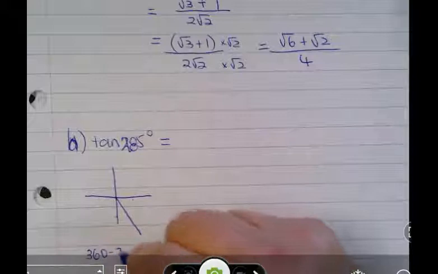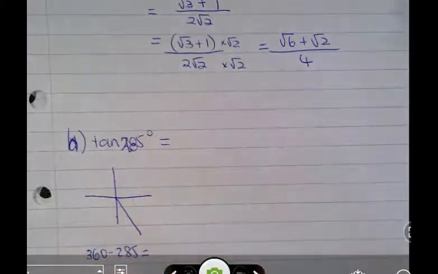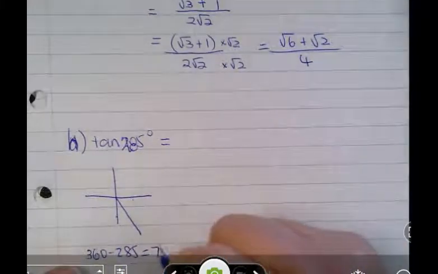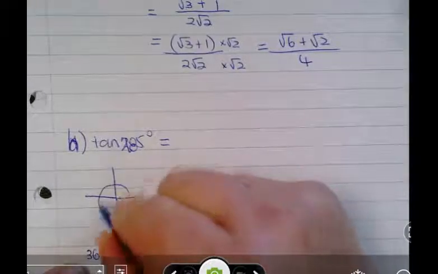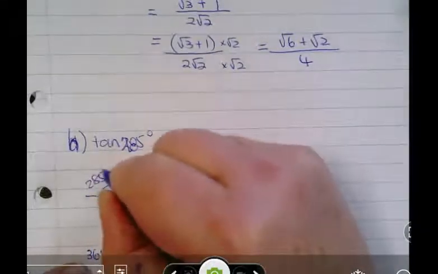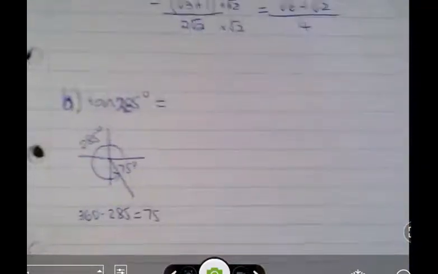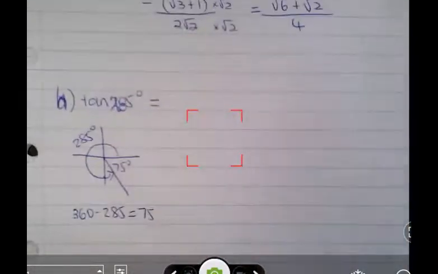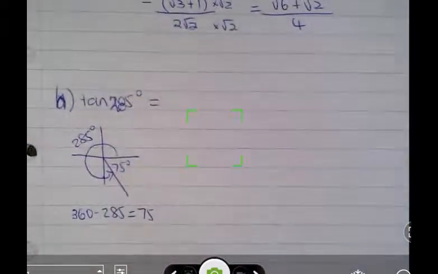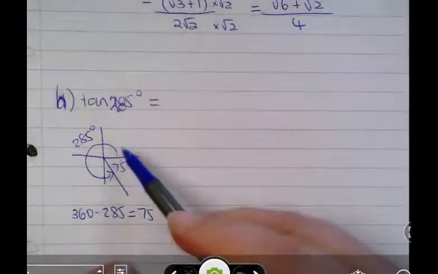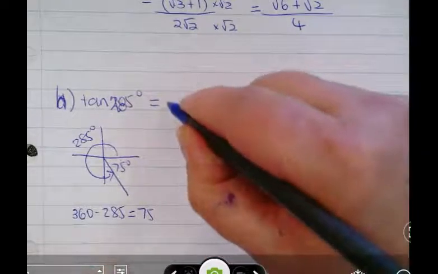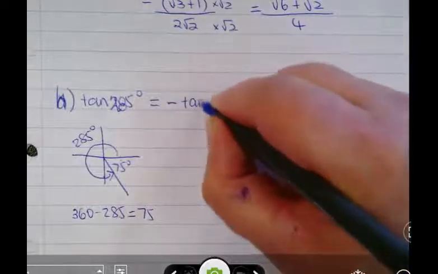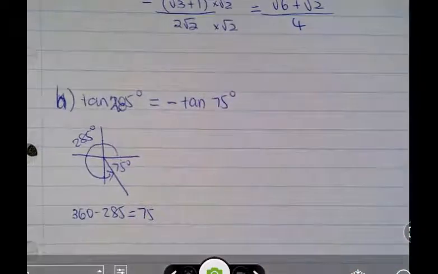The other one. 360 minus 285 is what? I think it's 75. So this is 285. You cannot add up two numbers to give you 285. Well, you can, but they're not going to be 60, 45, or 30. So how else can I write the tan of 285? Isn't it negative tan 75?